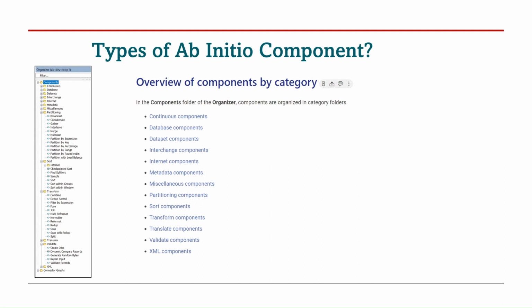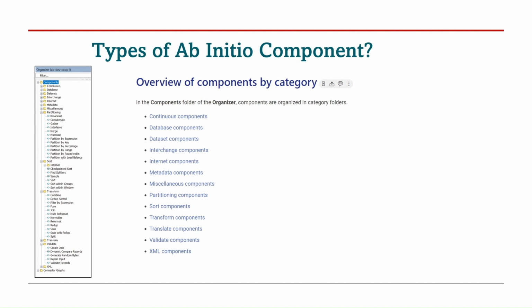And the database components: if we want to connect to any tables like Oracle, SQL, Azure, Hadoop, we use these database components either to extract the data, to load into a database, or to run some updates on database tables.